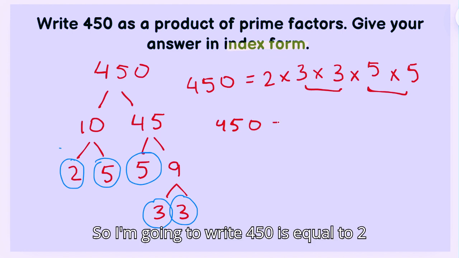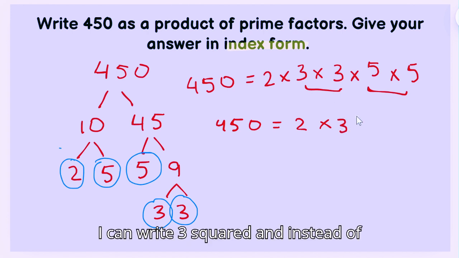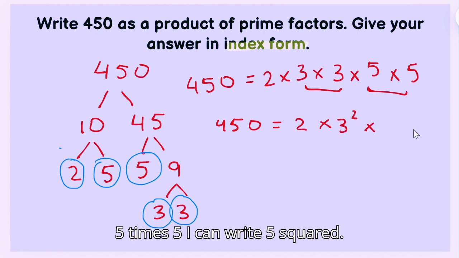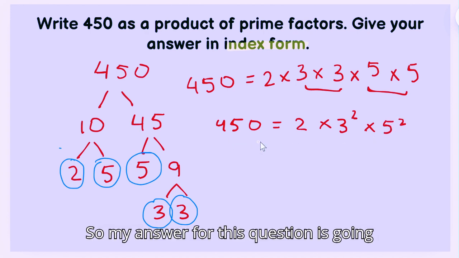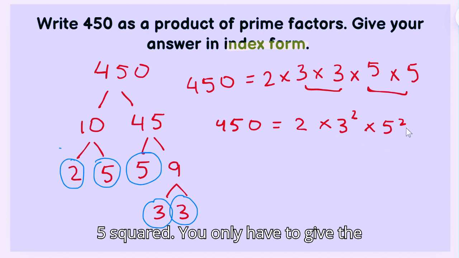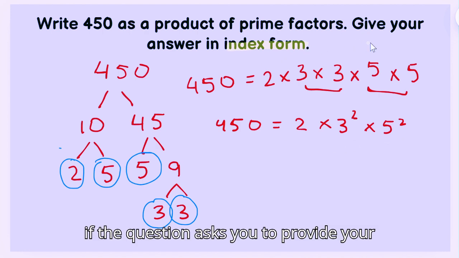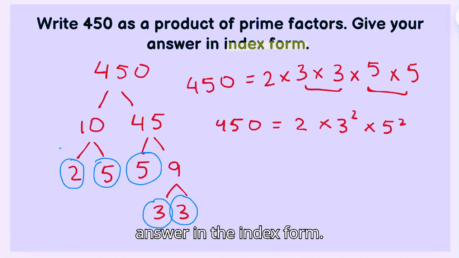So I'm going to write 450 is equal to 2 times, instead of 3 times 3, I can write 3 squared, and instead of 5 times 5, I can write 5 squared. So my answer for this question is going to be 450 is equal to 2 times 3 squared times 5 squared. You only have to give the answer in index form if the question asks you to provide your answer in index form.